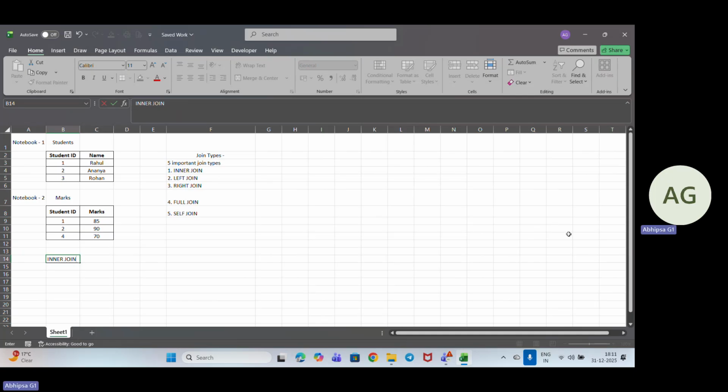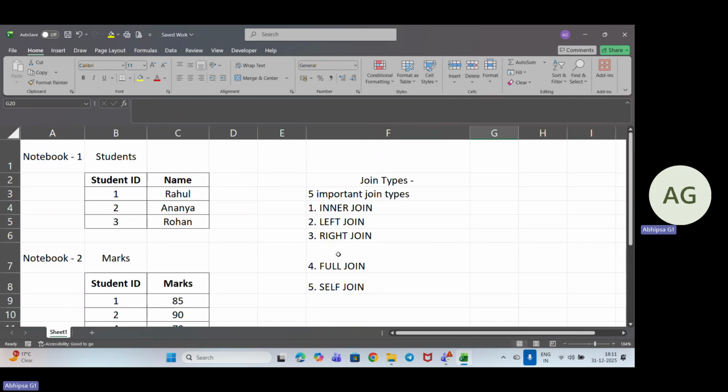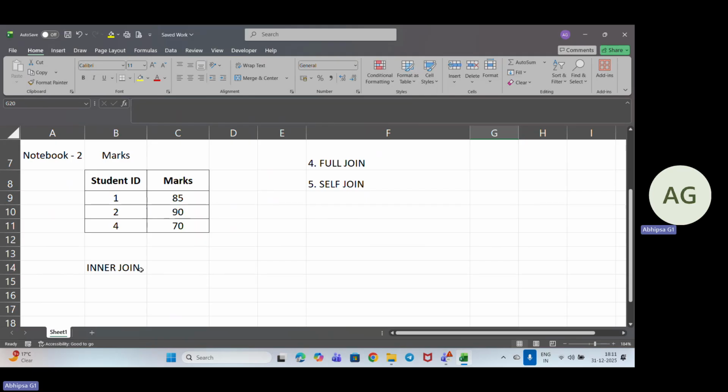Anyway, hopefully my screen is visible. Let me just zoom it a bit. Yeah, now hopefully it is visible to you. So, we will be discussing inner join. Inner join means only the matching ones, only the matching numbers.